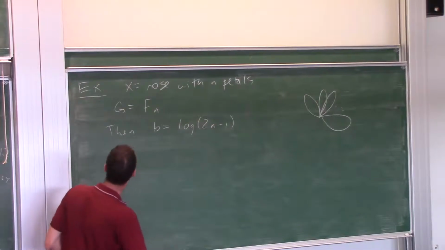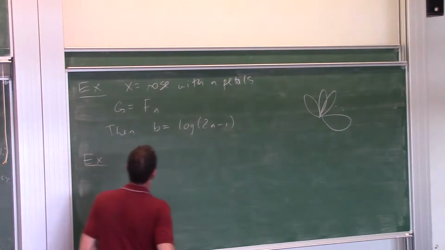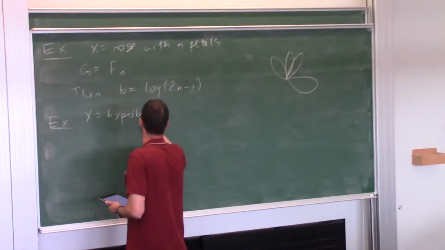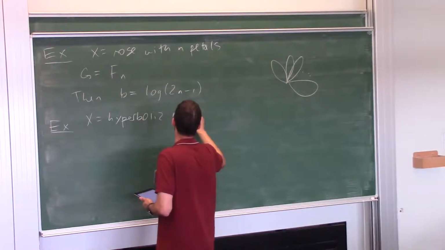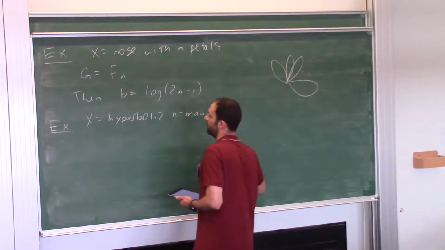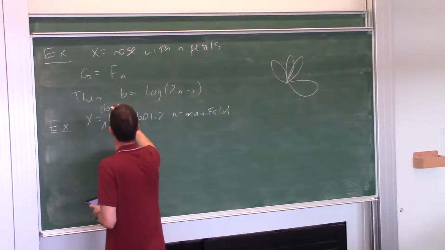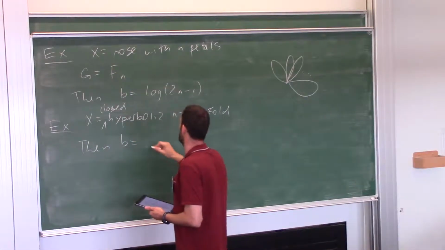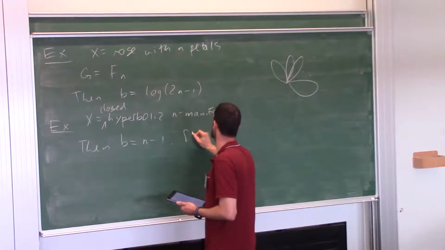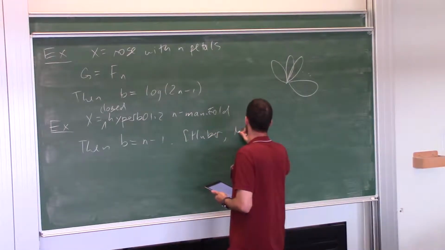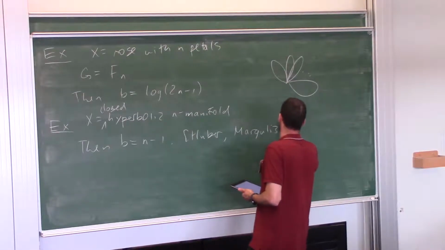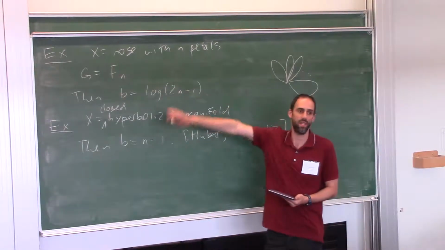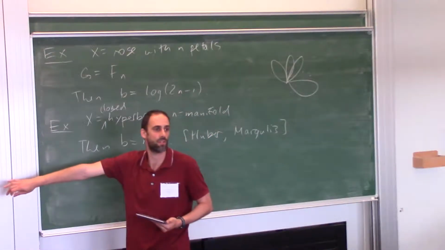This you can get just by counting. A slightly more sophisticated example is if you take a closed hyperbolic manifold of dimension n. Then the growth rate is just n minus 1. This is Huber in dimension 2, and Margulis in general. So these are two well-known special cases that were worked out earlier.